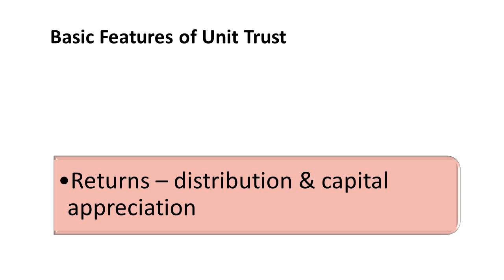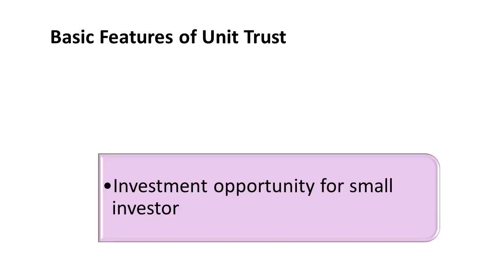Alright? And investment opportunity for small investors. Why? If you want to buy a big company, let's say you want to buy Public Bank shares. Public Bank shares now are around 24 ringgit, that's it. Let's say you want to buy 1,000 shares, you have to have 24,000 ringgit, just to buy 1,000 shares of Public Bank.